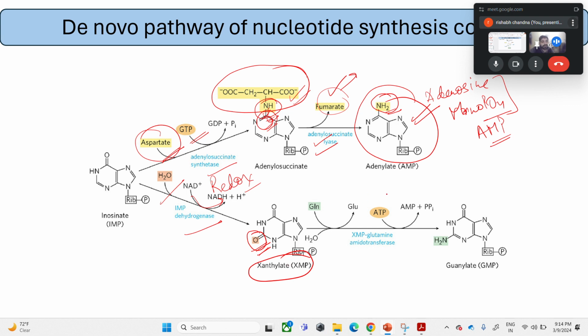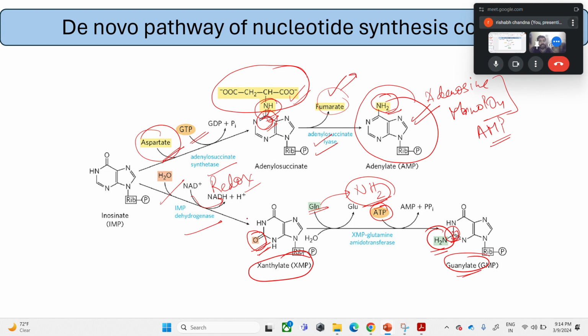Now what happens? One molecule of glutamine releases its amino group from the amide group, and using energy in the form of ATP, it forms the NH2 group at the second position. Okay, this forms guanylate or guanosine monophosphate.